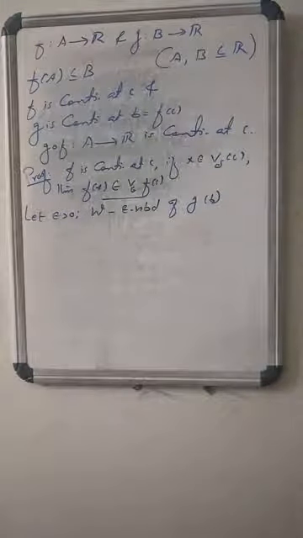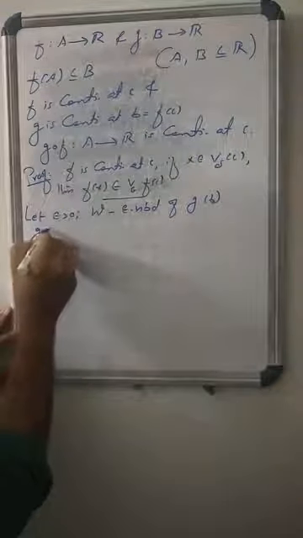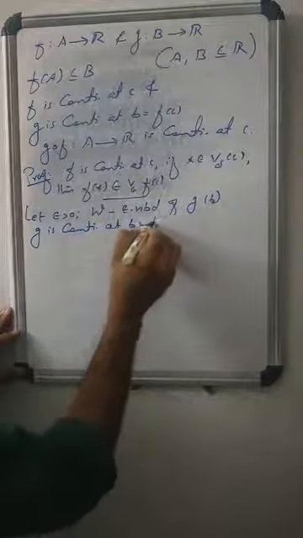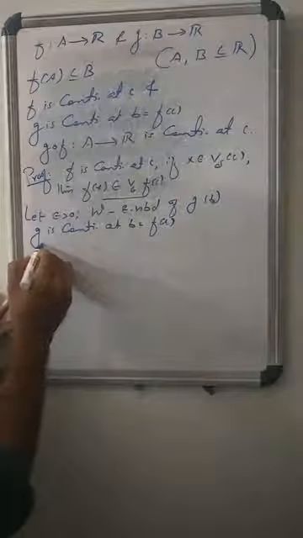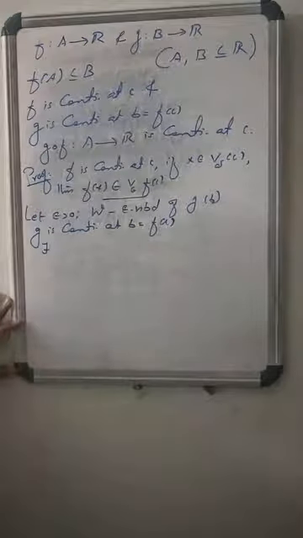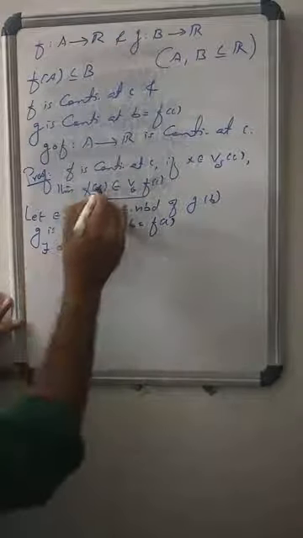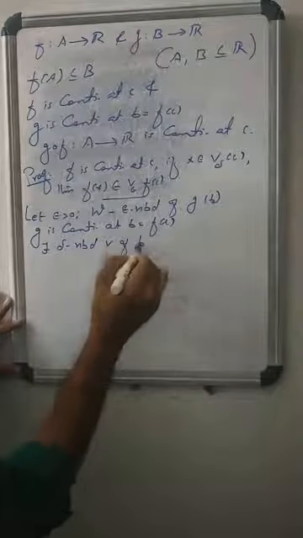What is actually b? b equals f(c). So g is continuous at b equals f(c). That means there exists a delta neighborhood V of b.